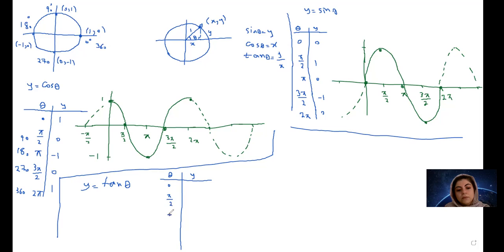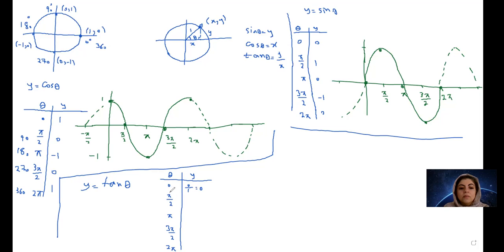We do for 180 or pi, or 270 or 3 pi over 2. And for 360 or 2 pi in radian. So be careful, tan is y component over x component, right? If I ask you what is the tan of 0, you look here, y component over x component is 0 over 1, which is 0, right?